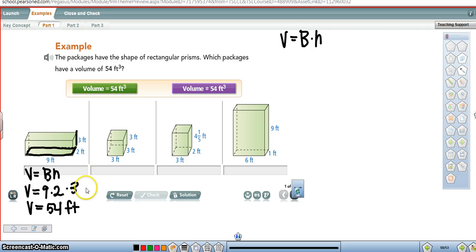Now with volume, we say cubed, since we had to multiply 3 values together. 3 feet times 2 feet times 9 feet makes 54 feet cubed.